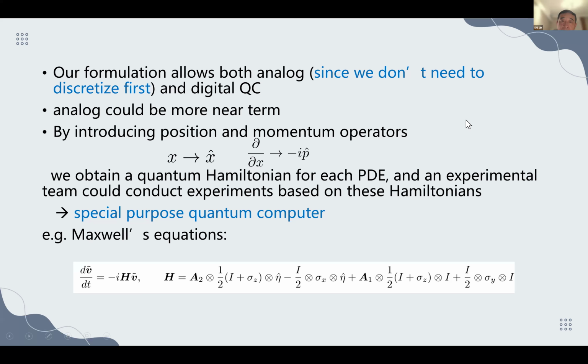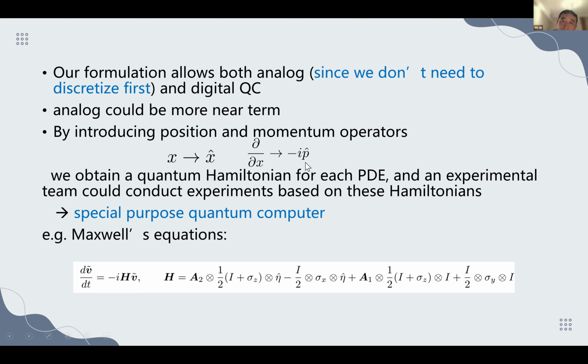So what can we do? Give me a PDE, any PDE. We can Schrodingerize it, which means we find its unitary Hamiltonian. Then we quantize it. We change x to x hat, which is the position operator, and we change the spatial derivative into minus i p hat, where p is the momentum operator.